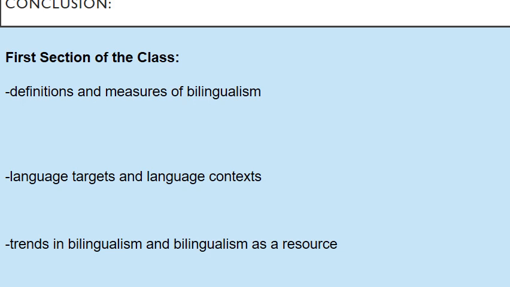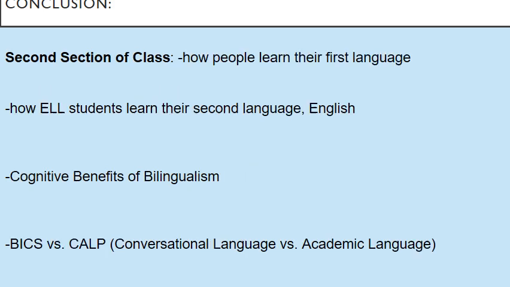We also went over language targets and language contexts, and we had a conversation about trends in bilingualism internationally. Furthermore, we learned about the different ways how bilingualism can serve various practical purposes. So bilingualism as a resource across the globe.